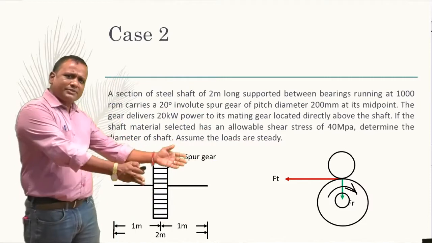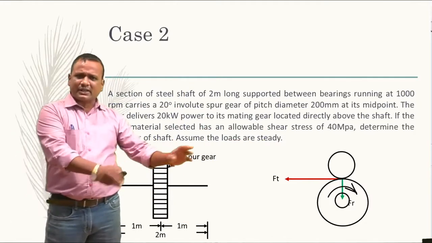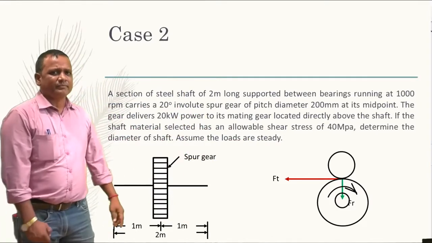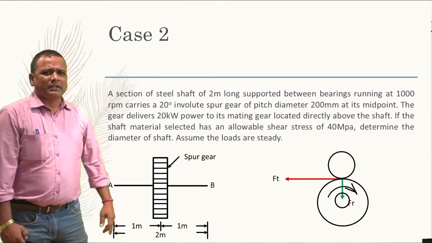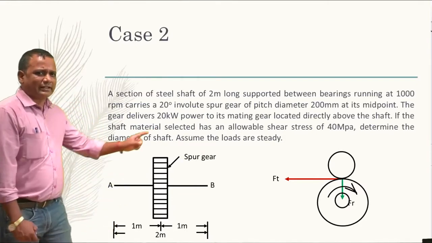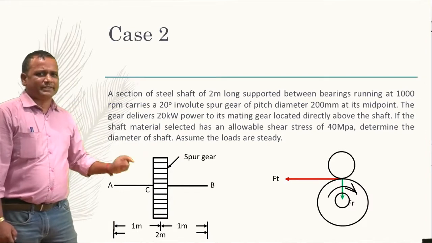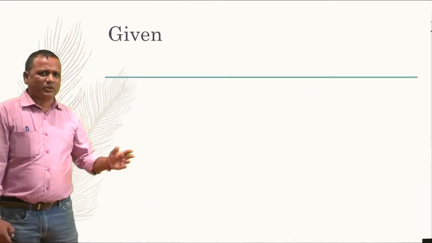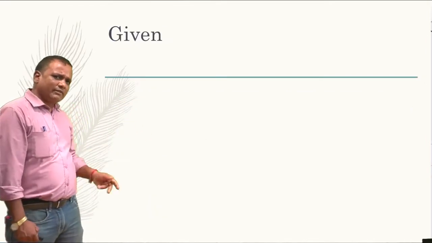Now this is a basic consideration before designing the shaft if the case is given such. So now let's take this as point A, that as point B, and the midpoint as point C. This is a reference for me in order to design it. Now let us sort out the givens, what all we had.